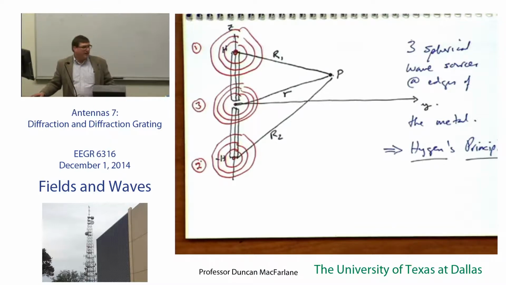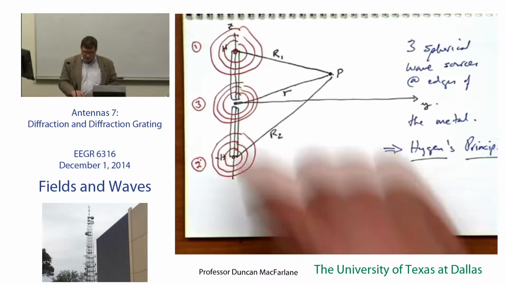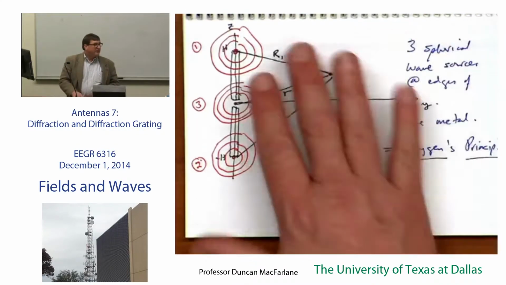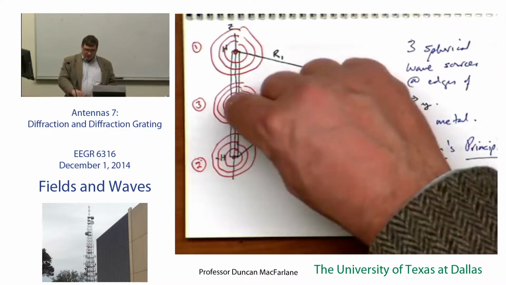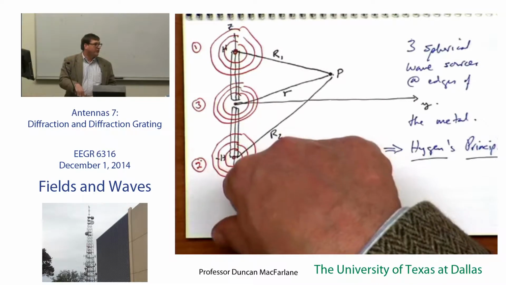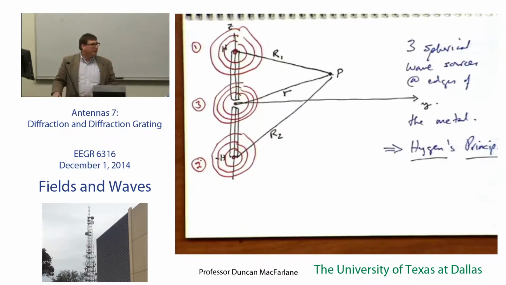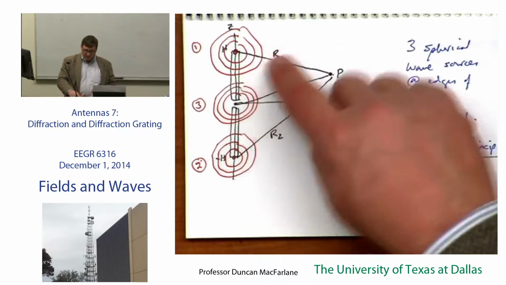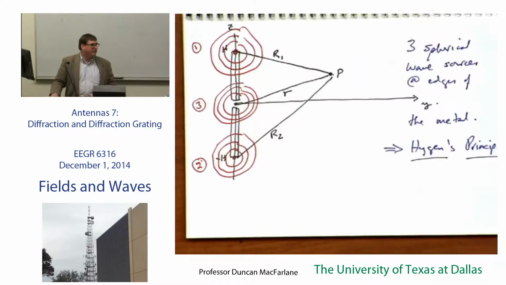It's very similar to the analogy I used last time: this antenna can be replaced by dropping a stone here in water, a stone here, and a stone here, and watching those wave fronts migrate out and look at the constructive and destructive interference of each of these waves as they hit a certain observation point.